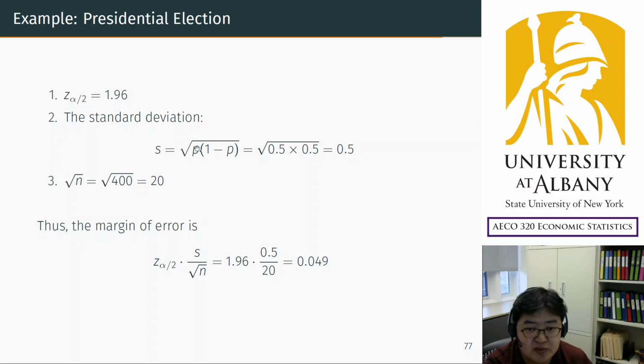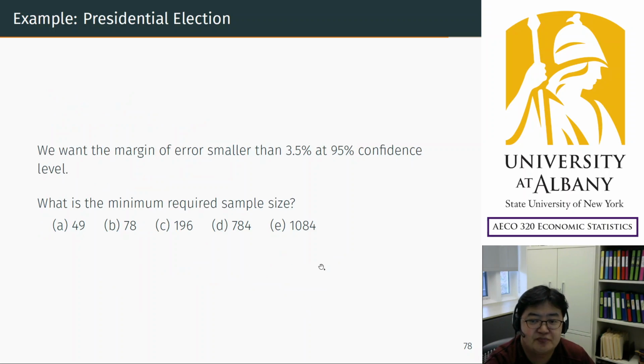So if you plug in 0.5 here and here, and then take the square root, you will get 0.5 as the standard deviation. And the square root of the sample size is 20. So combine those numbers, you will get 0.049. That is, the margin of error is about 4.9 percentage points. So nearly a 5% margin of error should be considered, which you might think is too large.